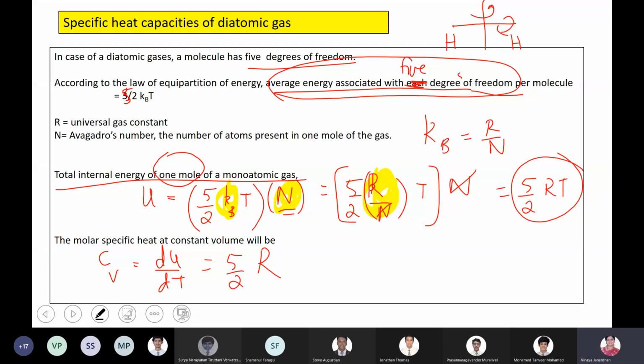So then the molar specific heat capacity Cv is equal to dU by dT. We are not deriving this relation, we are just using the relation.